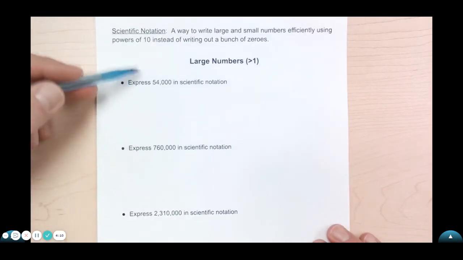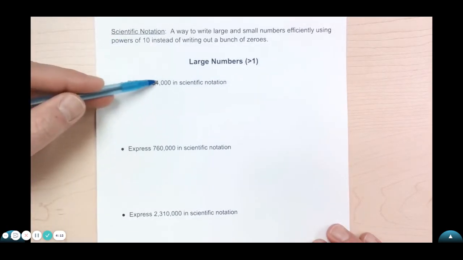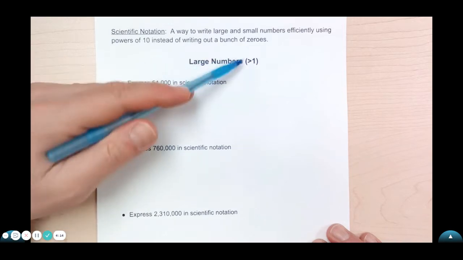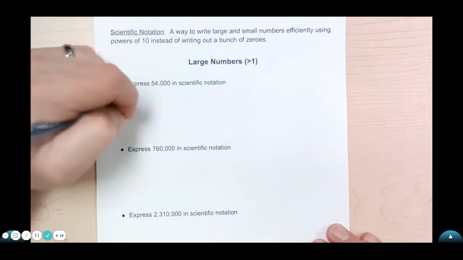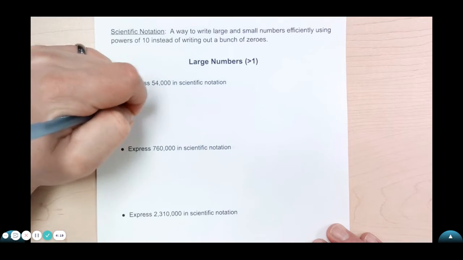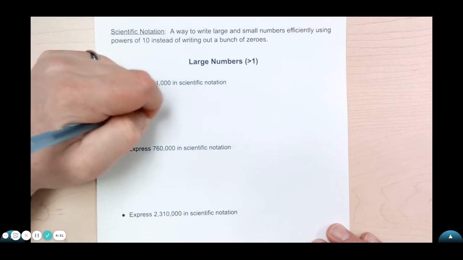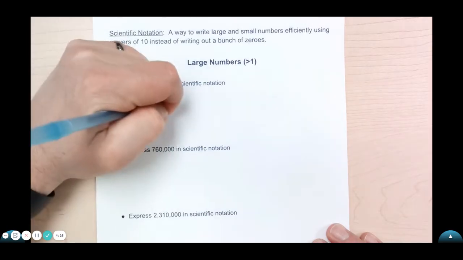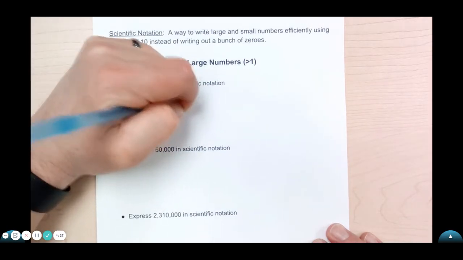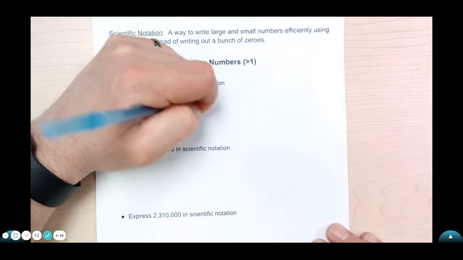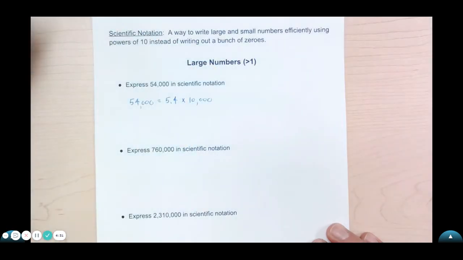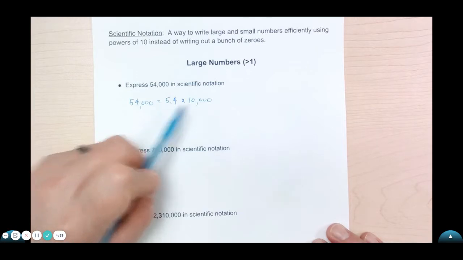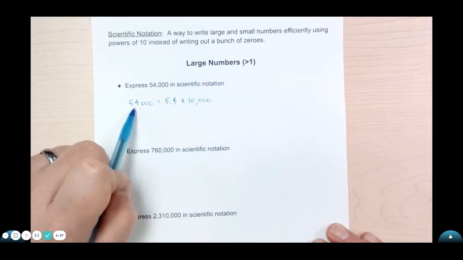So if I want to write the number 54,000, this is a large number, bigger than 1. Here's a way I could think about this. 54,000 is equivalent to writing 5.4 times 10,000. Now, if you don't believe me, you can get your beloved calculator out. 5.4 times 10,000 would give you 54,000.